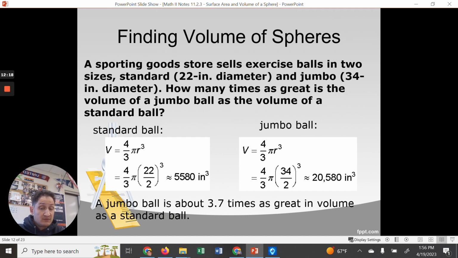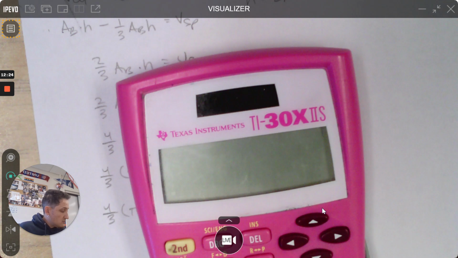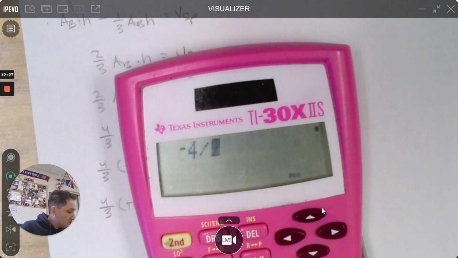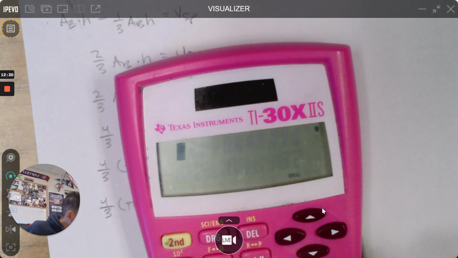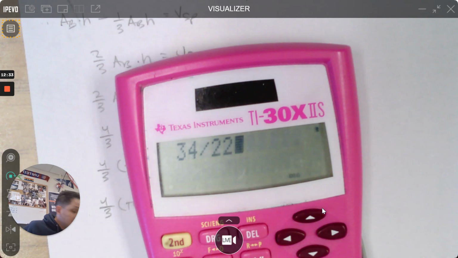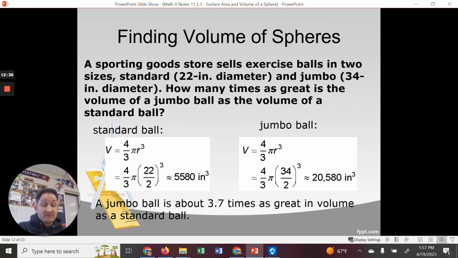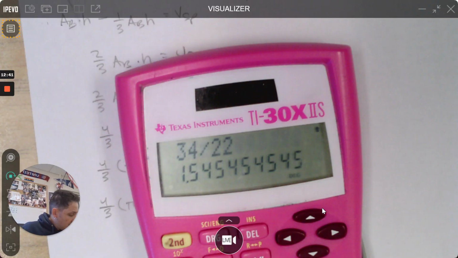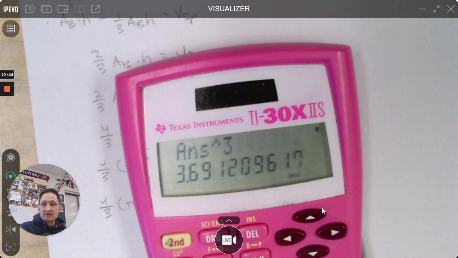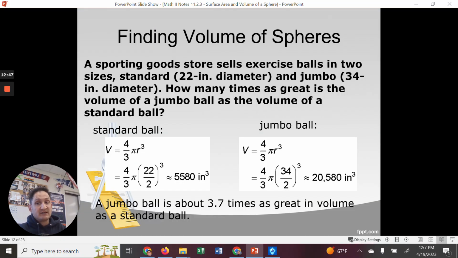That's how much bigger it is. 34 divided by 22 is 3.7, because that's just how we compare things. The direct scale factor, if I cube that, oh, that looks right. So if we see our scale factor turns out to be 34 to 22, cube that. That's how the volumes are different. We're applying that value cubed.